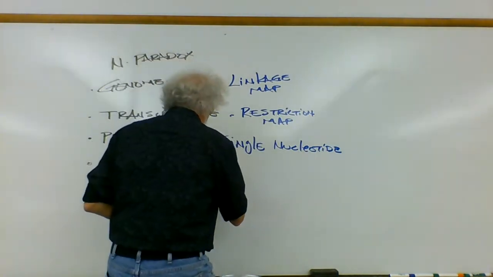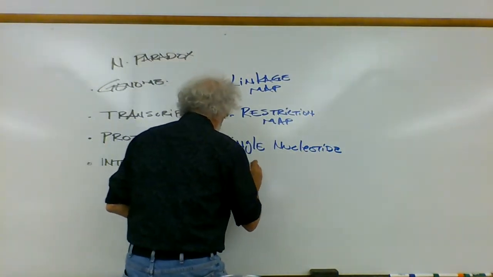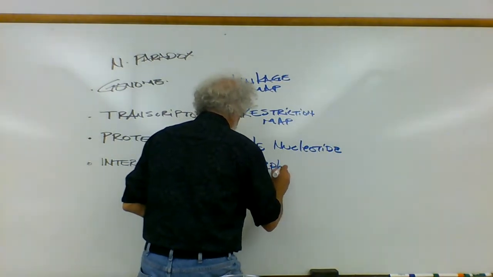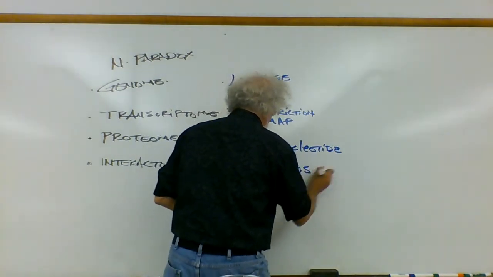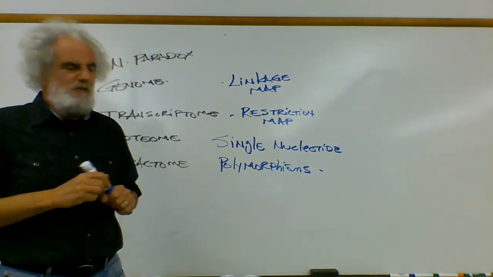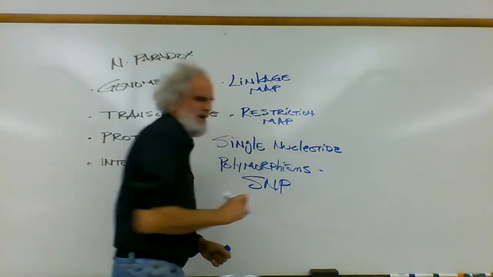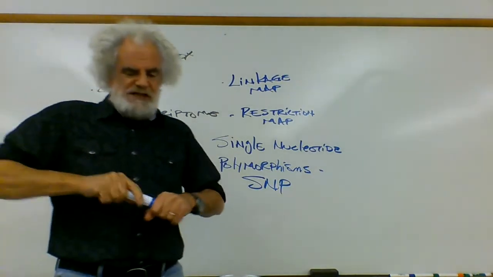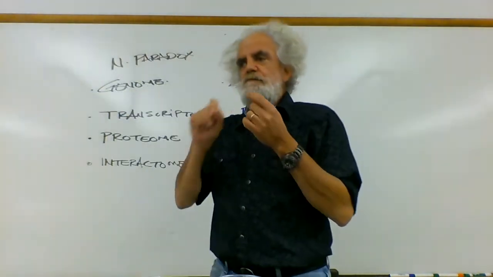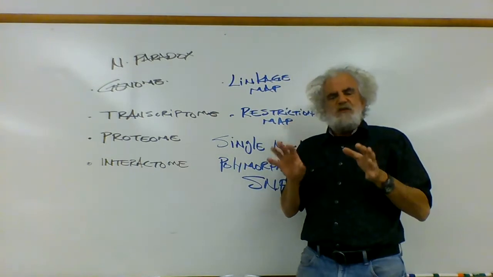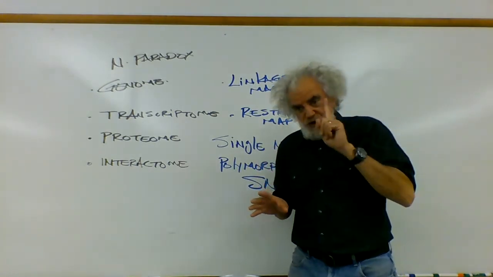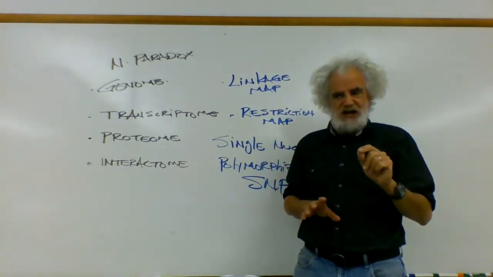Single nucleotide polymorphisms. A single nucleotide polymorphism, known as a SNP, is, just as the name implies, a variation in sequence between individuals caused by a single nucleotide change.